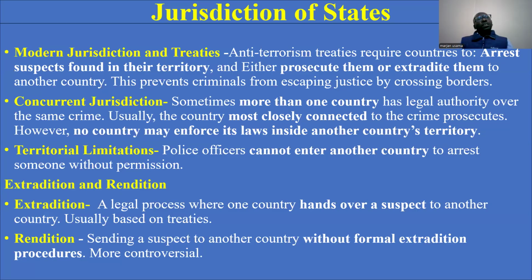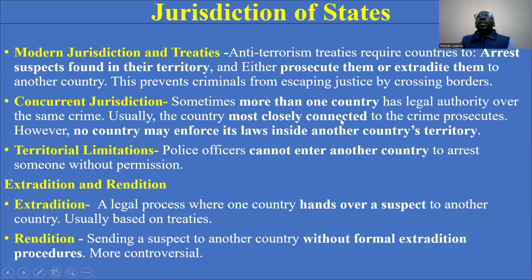Now, number two, there is what is known as concurrent jurisdiction. Sometimes more than one country has legal authority over the same crime. Sometimes you have a conflict of jurisdiction. Usually the country most closely connected to the crime prosecutes. However, no country may enforce its law inside another country's territory.